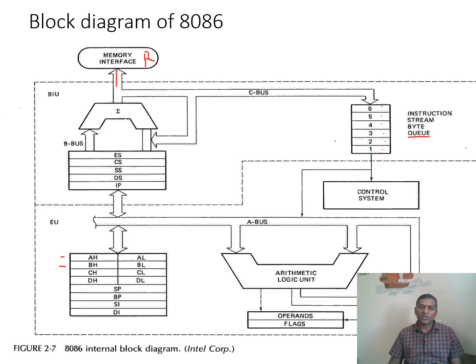Through these only we will be able to access the memory. Without these registers, the CPU is not able to access the memory. These registers are known as ES, extra segment; CS, code segment; SS, stack segment; DS, data segment; and IP, instruction pointer.